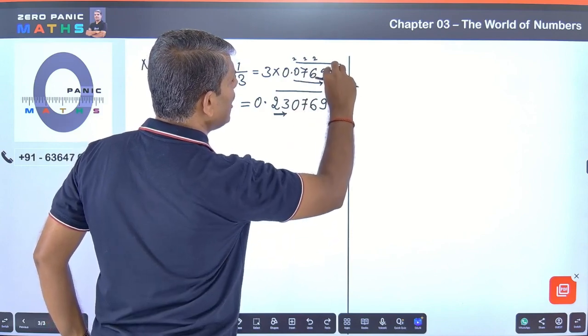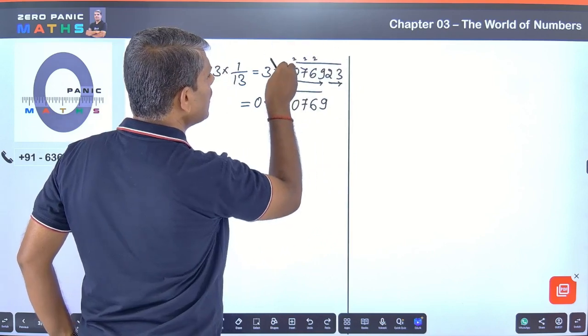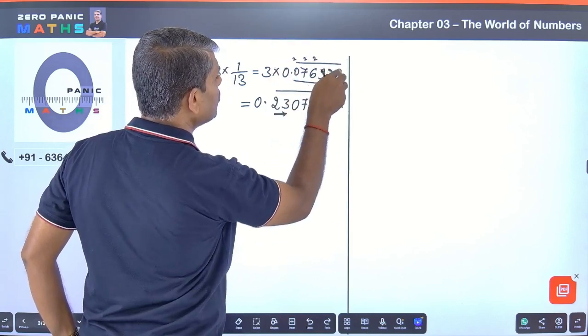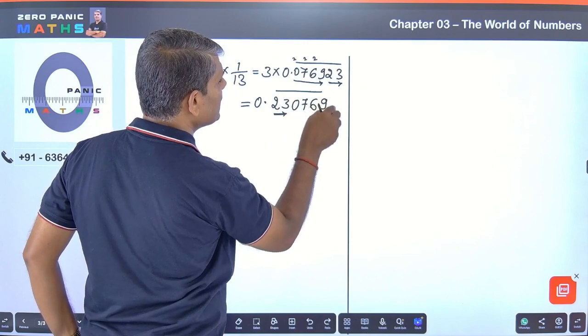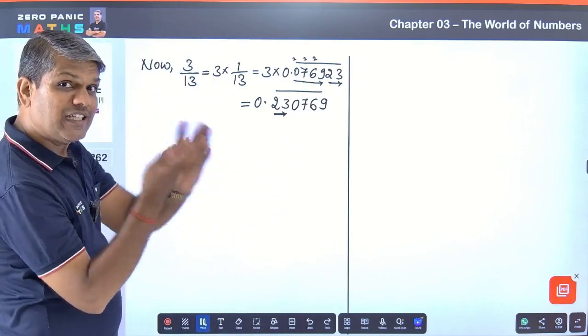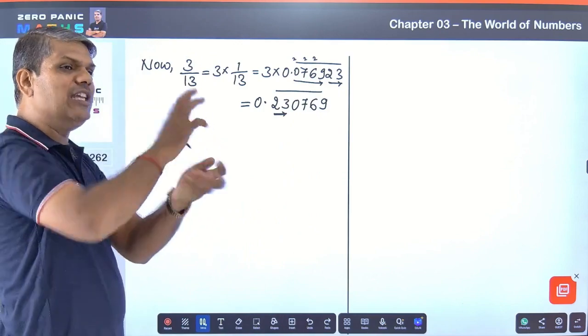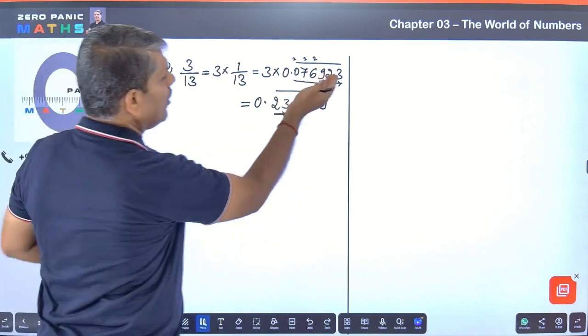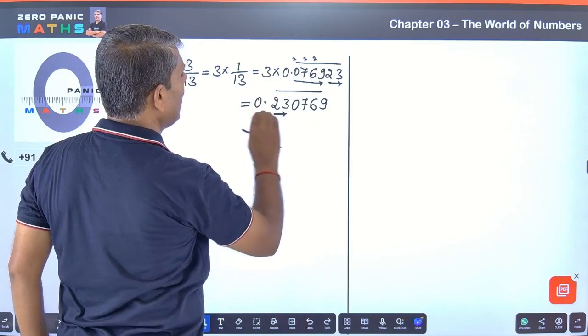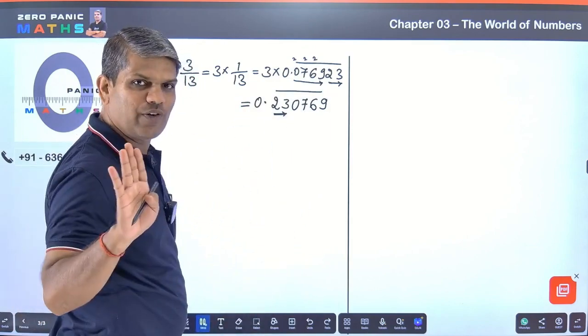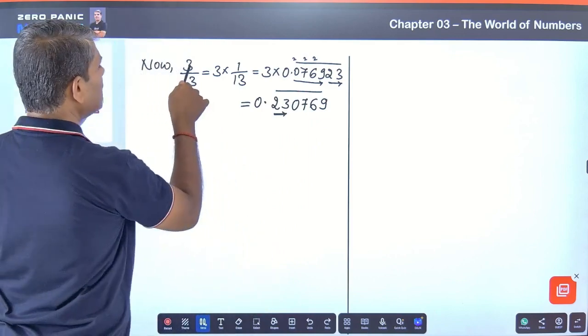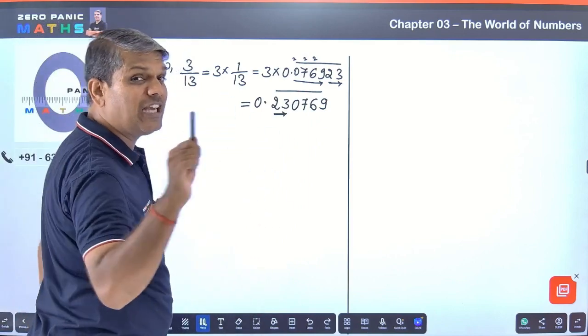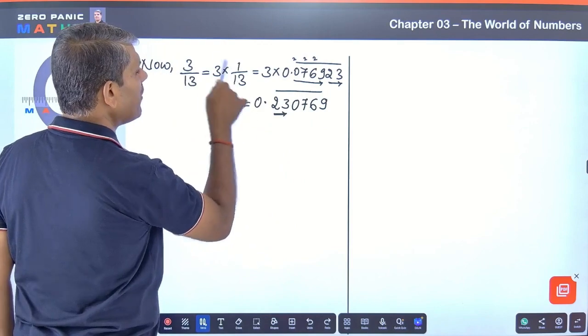So 23 is shifted to the front and it became 230769. That is how the cyclic property works. You are cyclically shifting the digits one after the other to get the value of the next one. You understood this, right? So 3 by 13 possesses a cyclic property with 1 by 13.